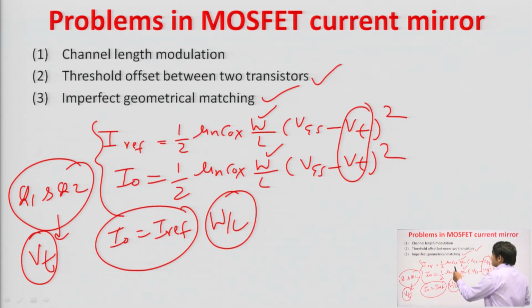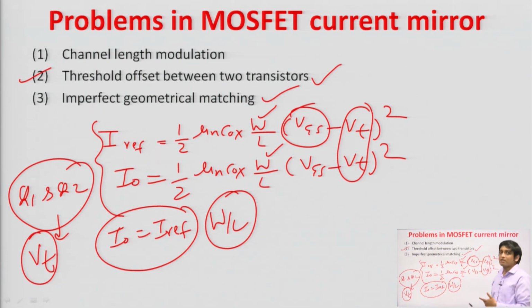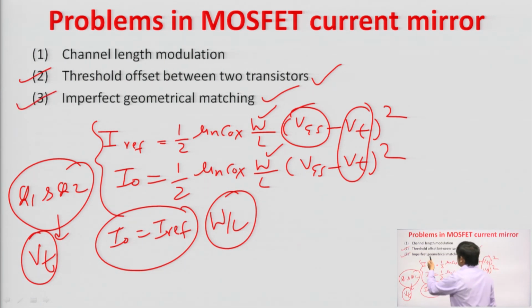See, in the second issue, that is the threshold offset between two transistors, to combat this, what we can do is increase the value of VGS, right? Then this variation in VT will be slightly less dominant, but increasing VGS means higher current. That is one solution. In imperfect geometrical matching, what can we do? We can increase the W by L ratio.